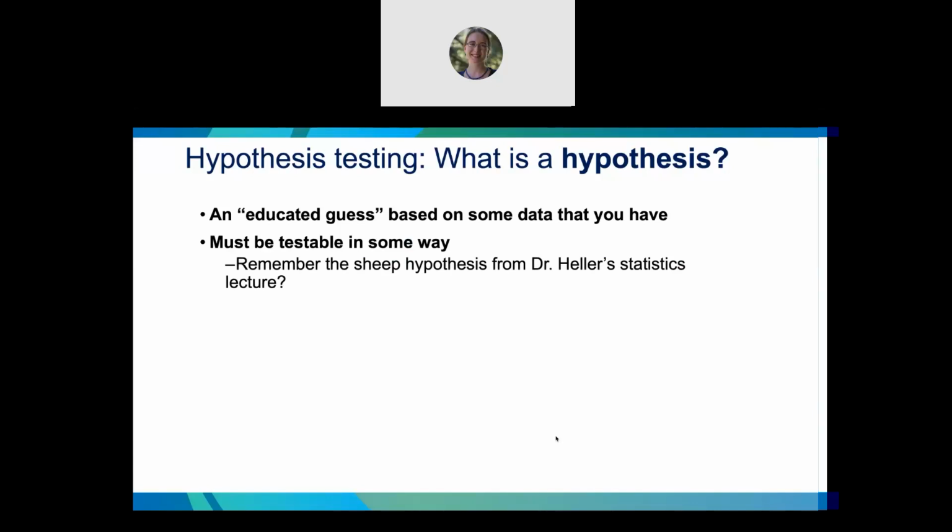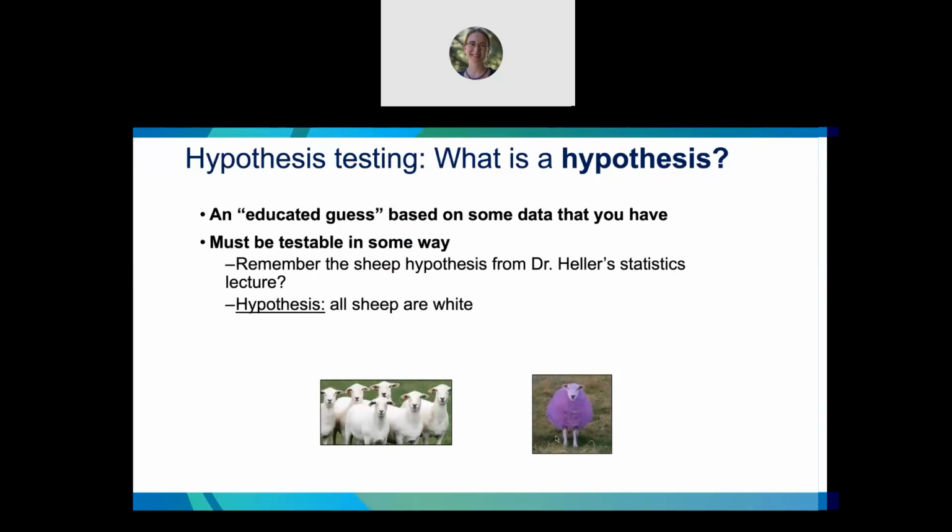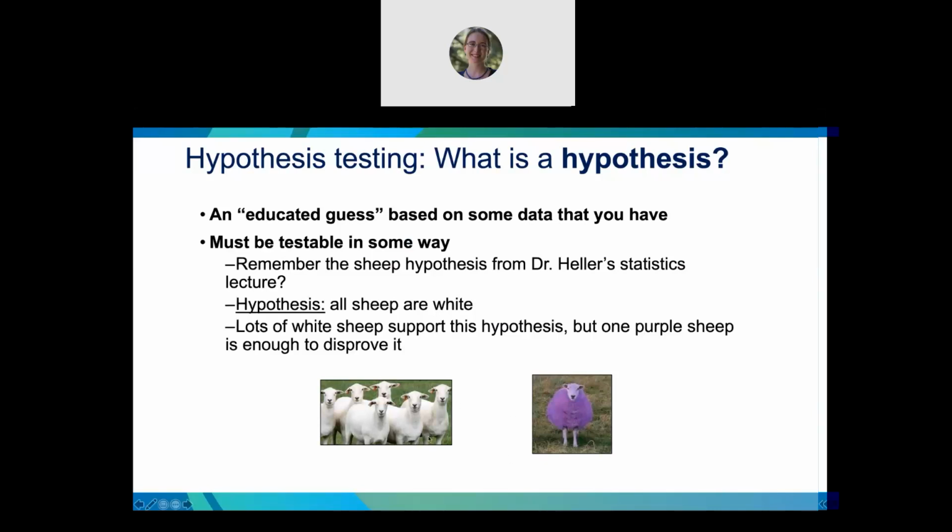For example, I want to remind you all of the sheep hypothesis from Phil's statistics lecture. So the hypothesis was all sheep are white, because maybe you've seen some white sheep, and so you think, okay, well, all sheep are white. Lots of white sheep support this hypothesis, but one purple sheep is enough to disprove it.